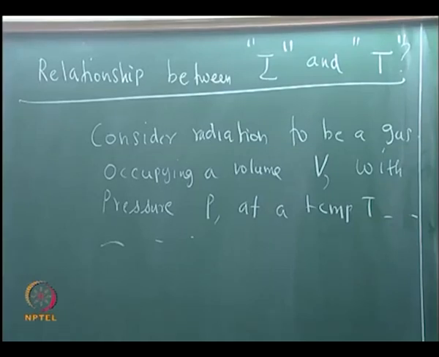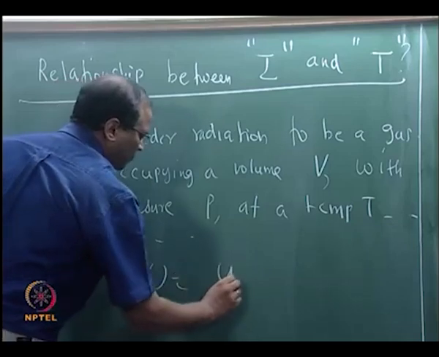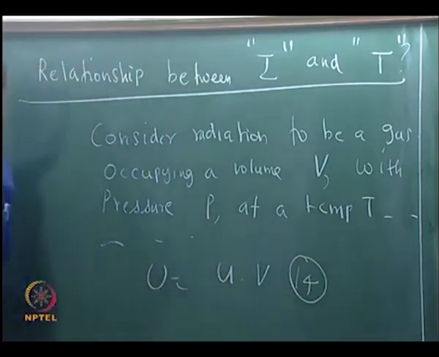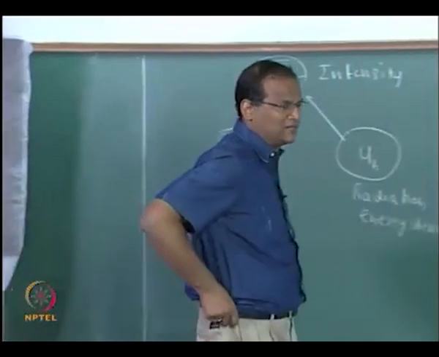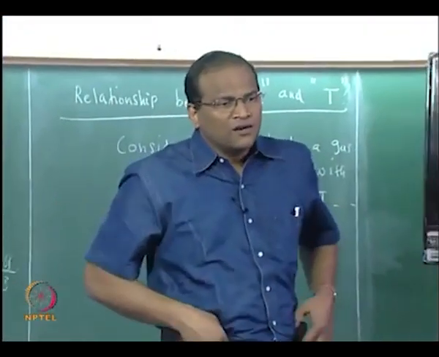Now we will start the story like this. So U, the total internal energy, is the product of the specific internal energy multiplied by the volume. The specific internal energy, I am free to define as energy per volume or energy per mass. In this case I have defined it as energy per volume.